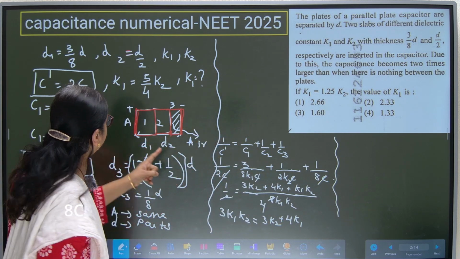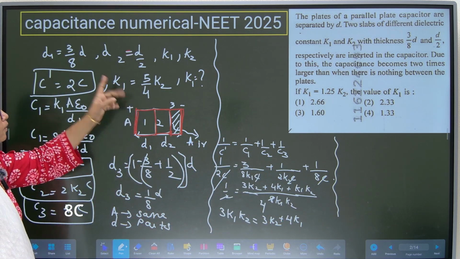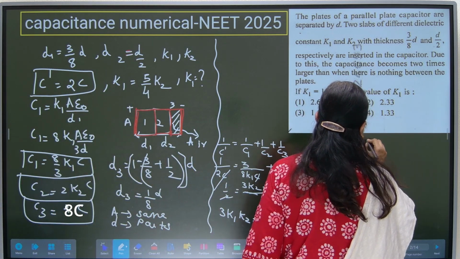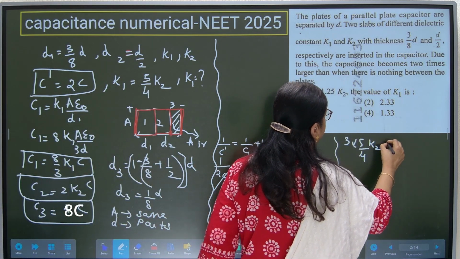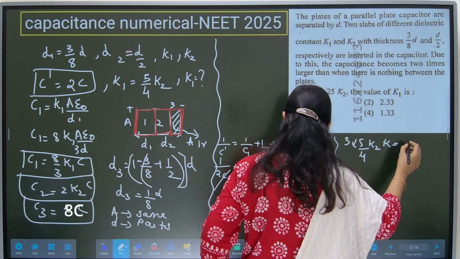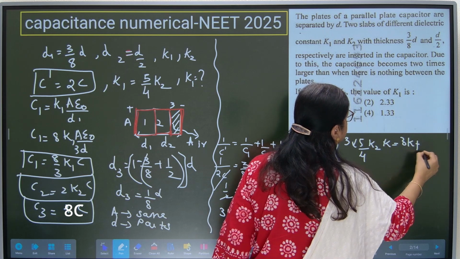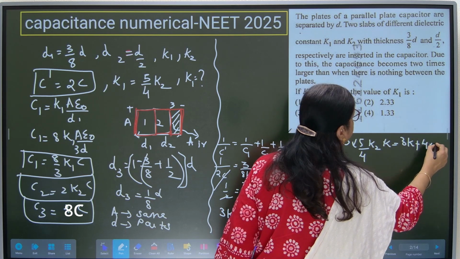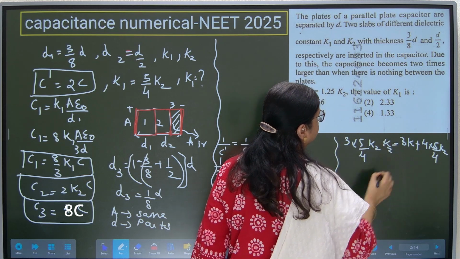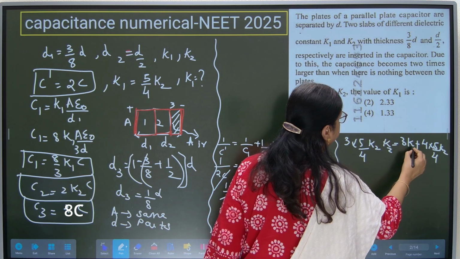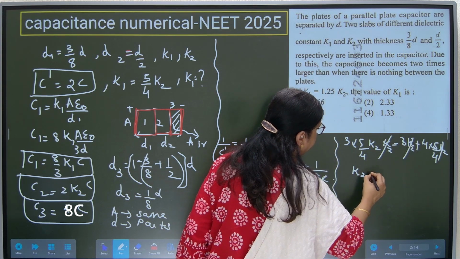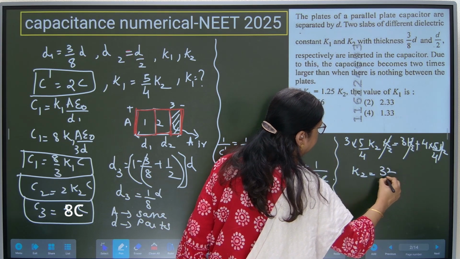Now we can substitute K1 is equal to 5 upon 4 K2 here. So 3 into 5 upon 4 K2 into K2 is equal to 3 K2 plus 4 into 5 upon 4 K2. So K2 we cancel. We have K2 is equal to 32 by 15.